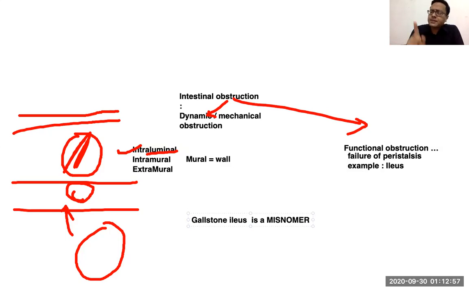But Gallstone Ileus is caused by mechanical obstruction by a gallstone which, instead of staying in the biliary system, enters the intestine and gets stuck in the distal ileum, causing obstruction in the flow of the intraluminal contents. So it's a cause of mechanical or dynamic intestinal obstruction.